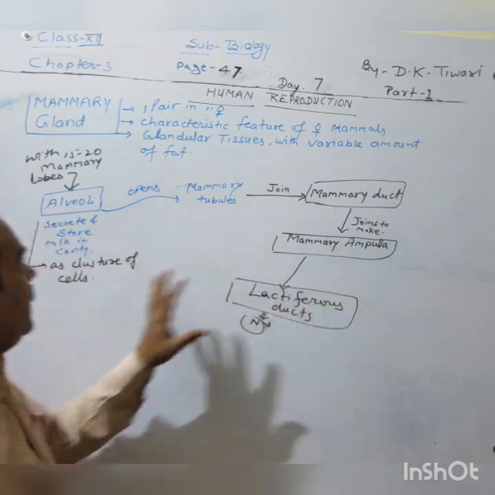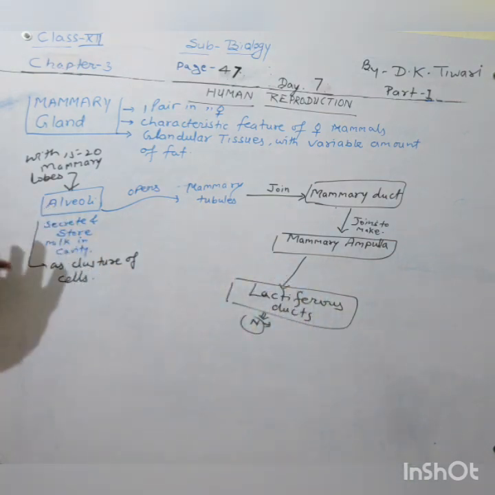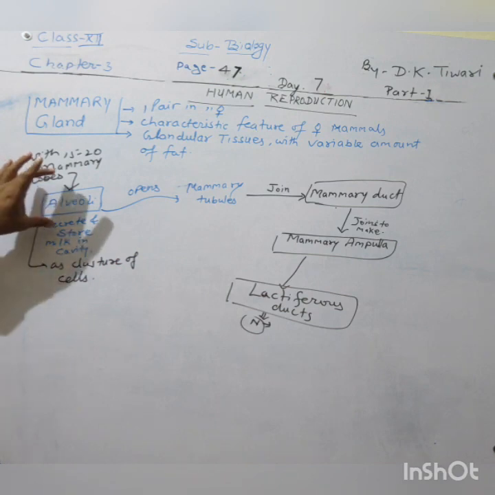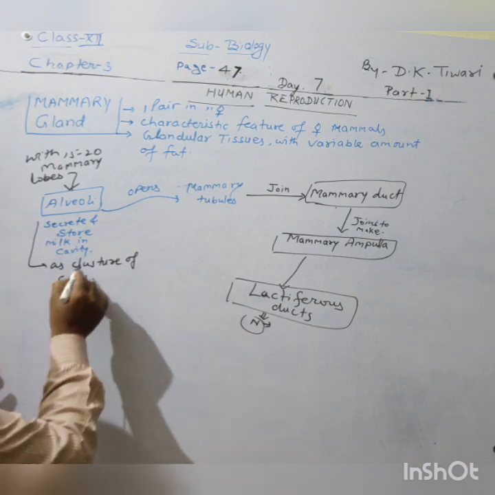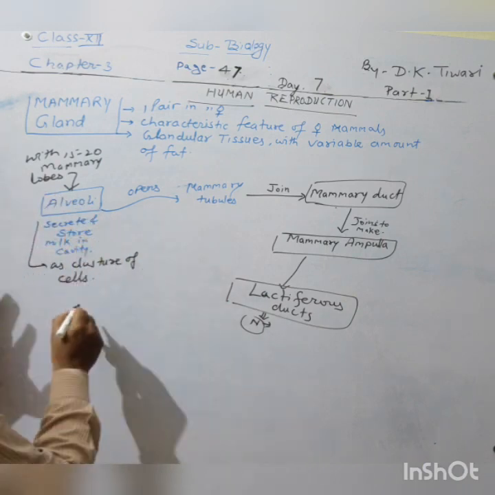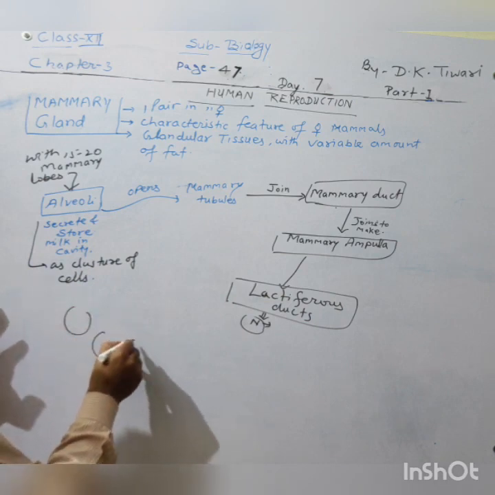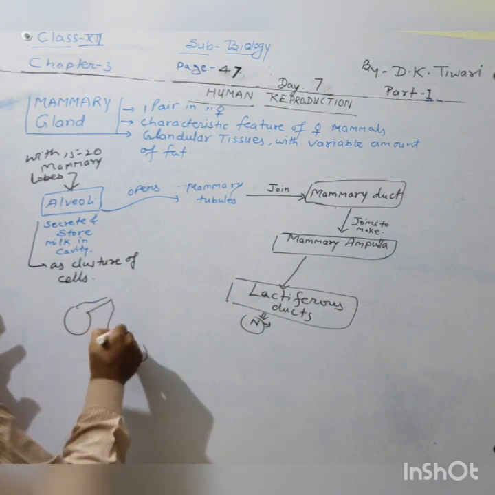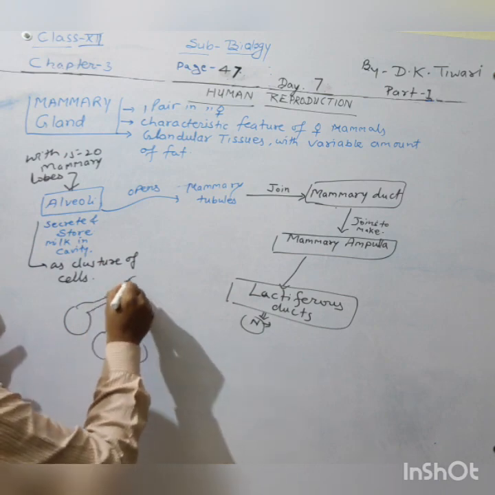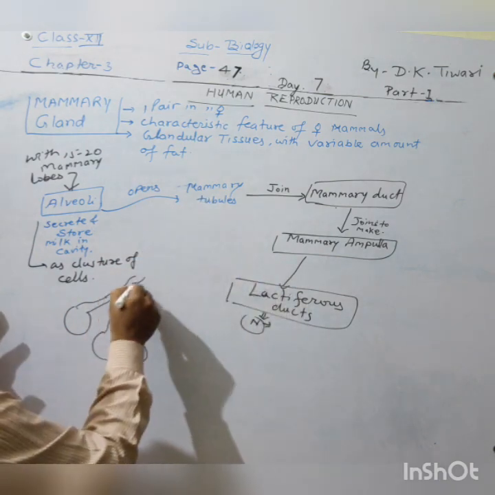This is the way. So we can see the primary structure, the alveoli, making, secreting and storing the milk in their cavity in the form of clusters. Each and every alveolus makes its own duct, and these ducts finally move into the mammary tubules.